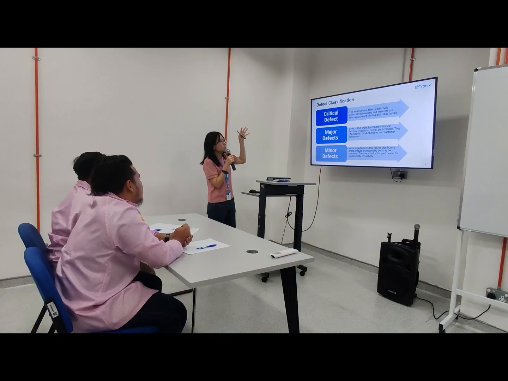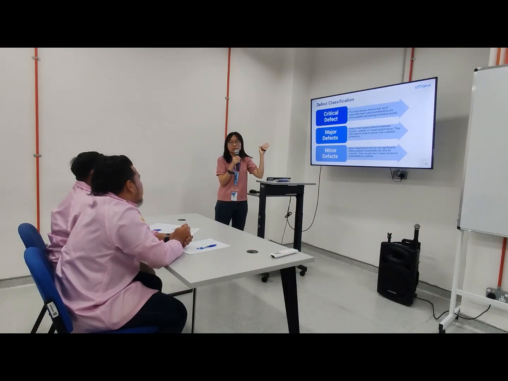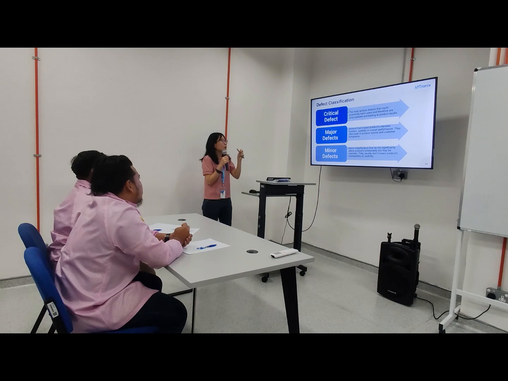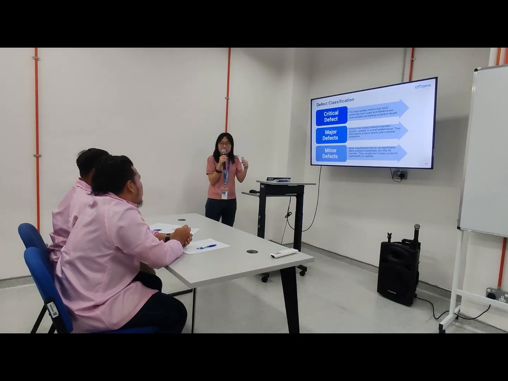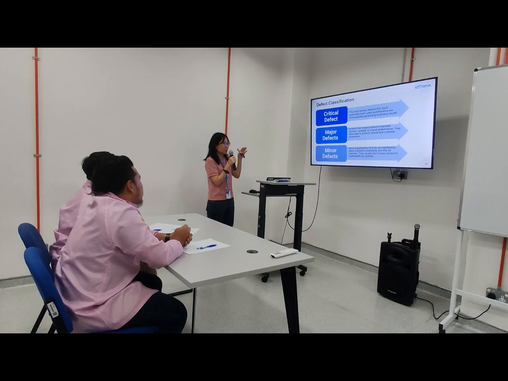What's the meaning of critical? Critical means the most serious defect, which can potentially harm the user, is unacceptable and leads to product recall. This one leads to a safety issue. It can harm the user, so this one is very critical.